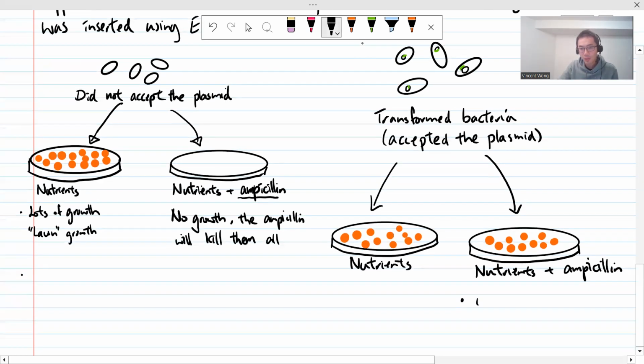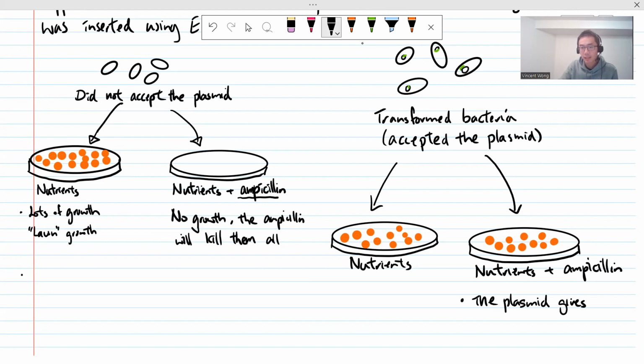So the plasmid that they have accepted, that's why they're called transformed, right? The plasmid gives the bacteria ampicillin resistance.